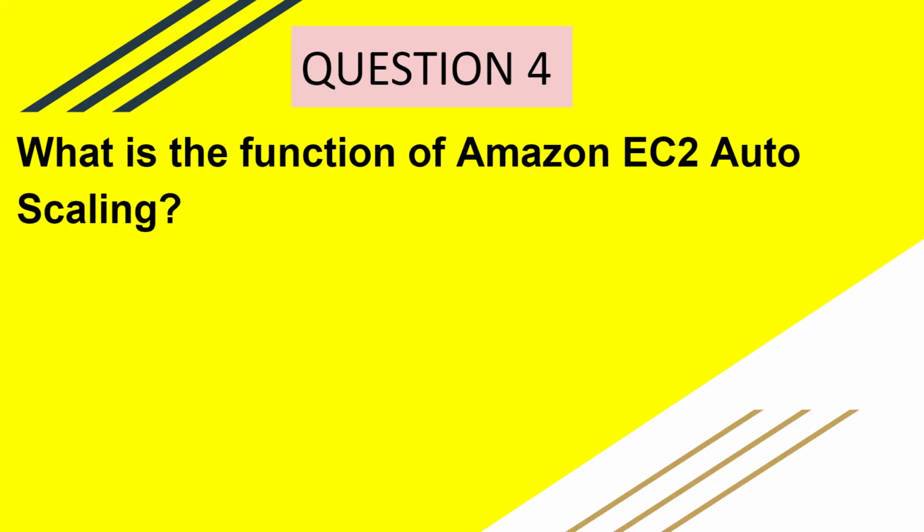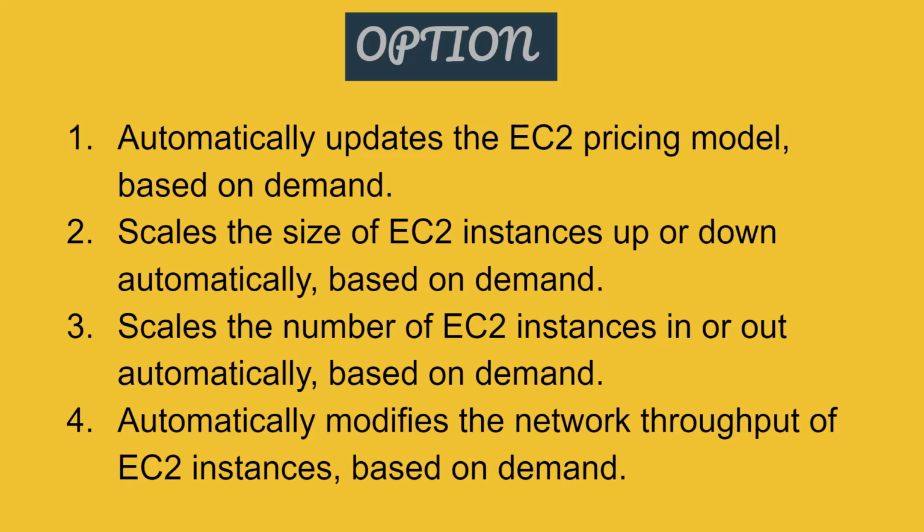Question 4. What is the function of Amazon EC2 auto-scaling? Option 1. Automatically updates the EC2 pricing model, based on demand. 2. Scales the size of EC2 instances up or down automatically, based on demand. 3.